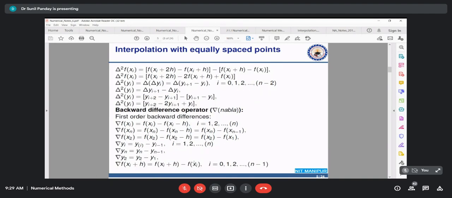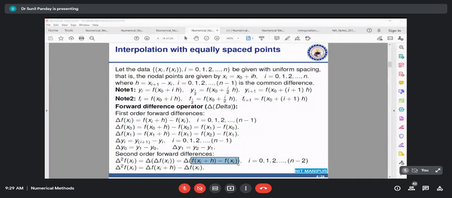And then this delta applies to both of them: delta of f of xi plus h minus f of xi. So this delta is applied here also and here also, and we will get delta of f of xi plus h minus delta of f of xi.